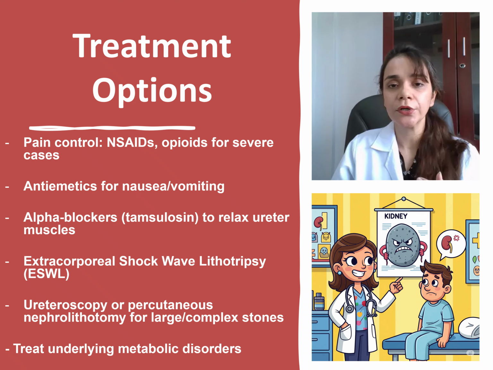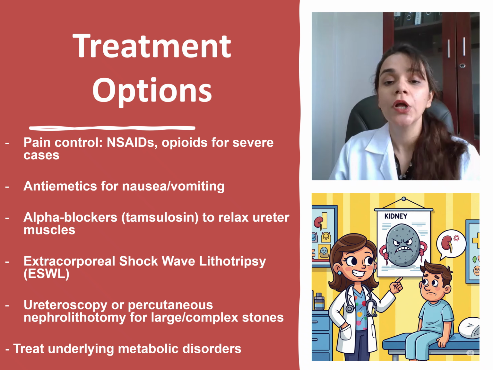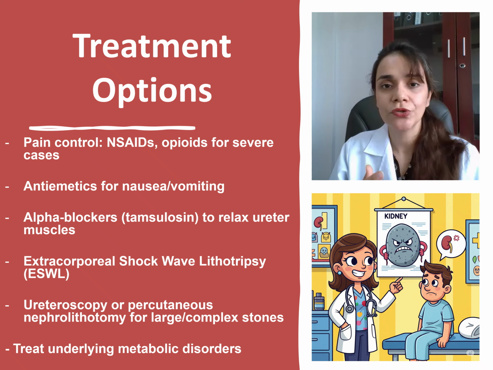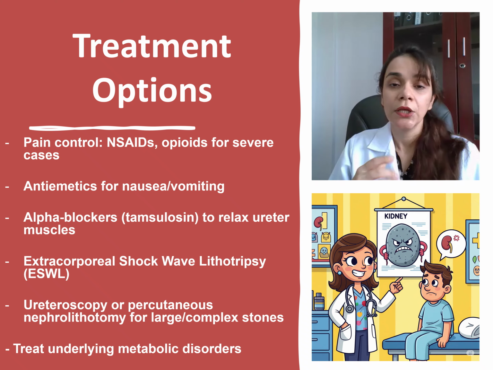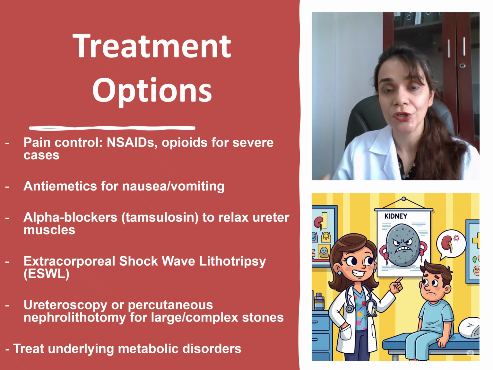And other modalities we have, like percutaneous nephrolithotomy for large complex stones, and maybe other methods too. That is a urologist's specialty. Based on the patient's condition and situation, altogether, they decide what to do.